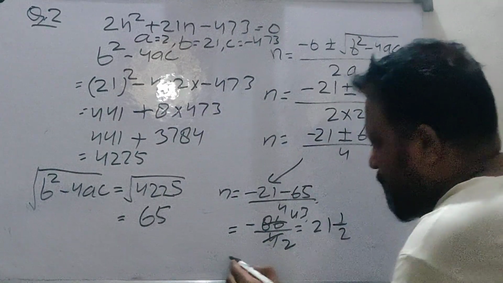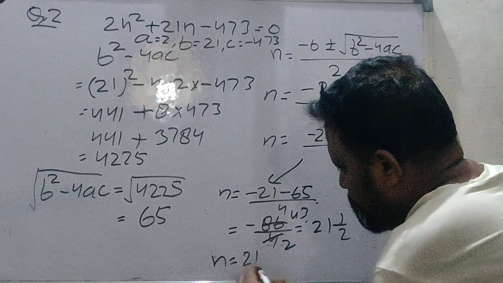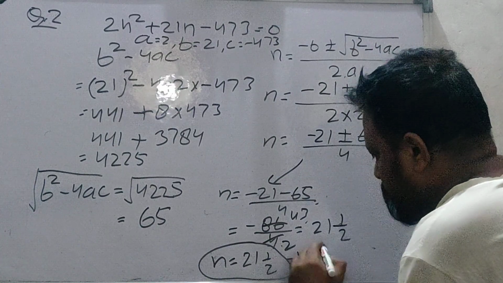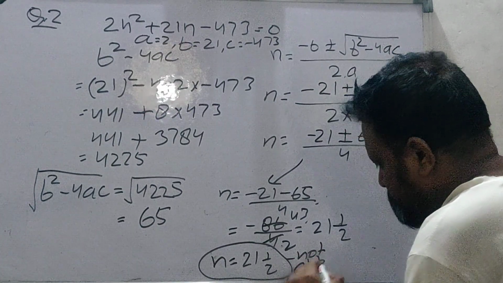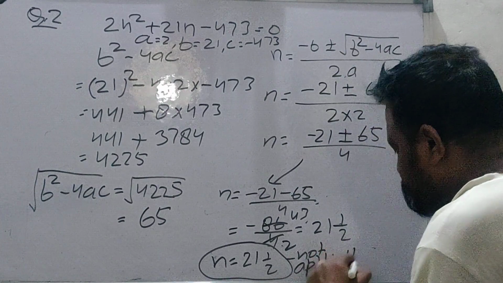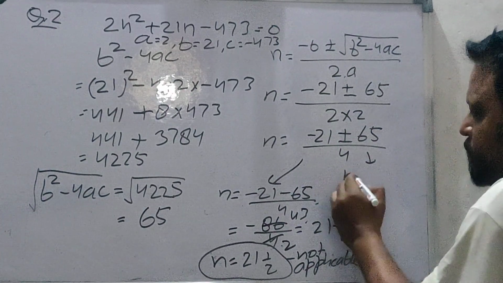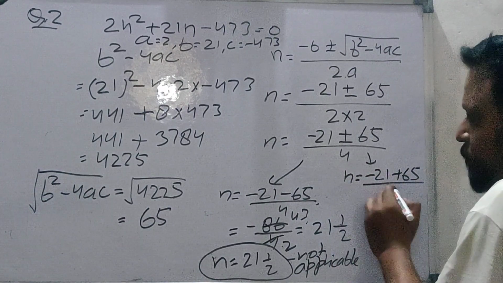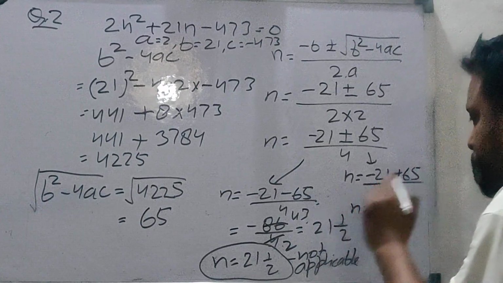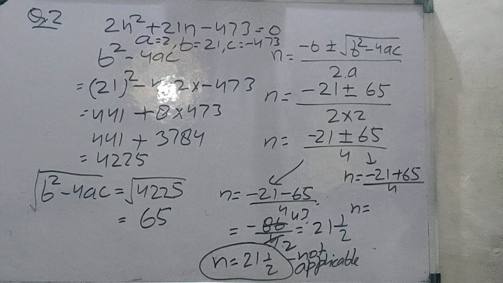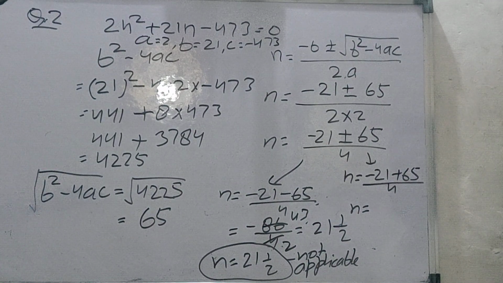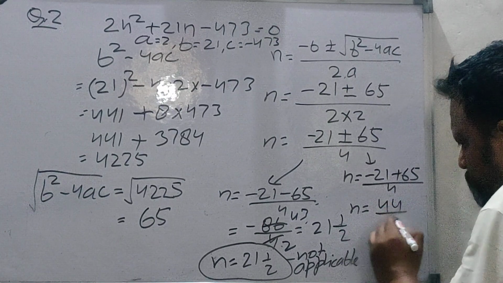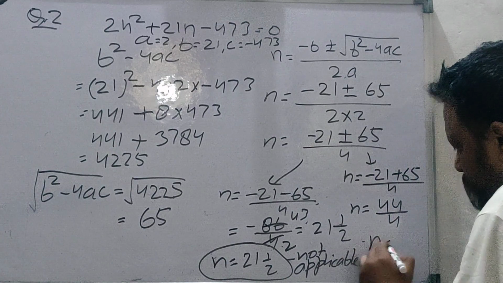That is not applicable. So now n is equal to minus 21 plus 65 upon 4. So n is equal to 44 upon 4, so n is equal to 11.